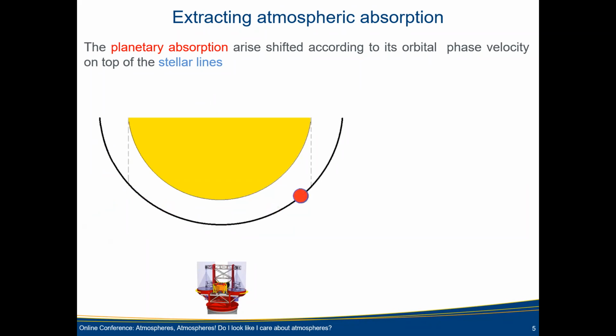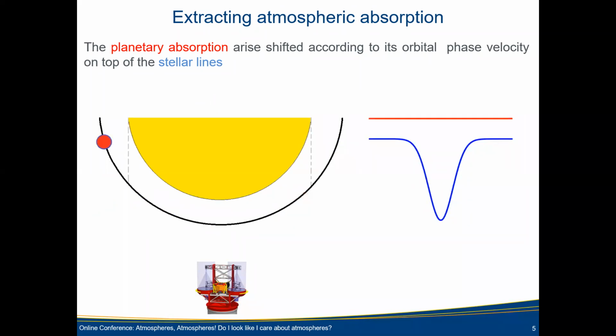What happens is that during the planetary motion, the planetary absorption arises shifted on top of the stellar line, which is shown here in blue, and the planetary absorption can then also be tracked on different orbital phases.